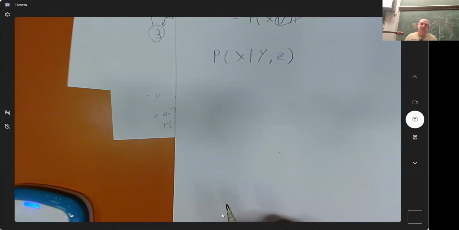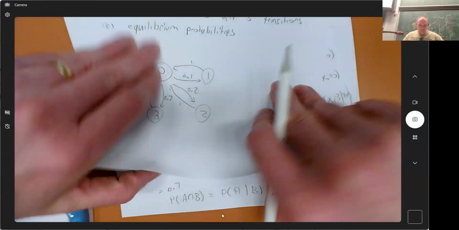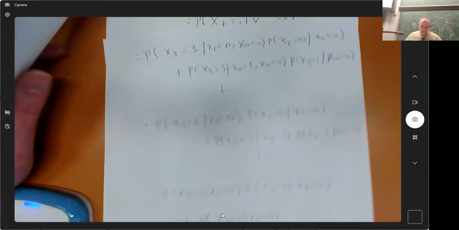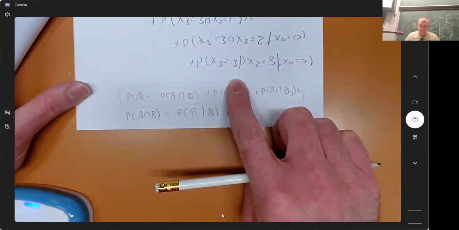So for Markov chains, no, this would be a division, right? It's the other way around. Bear with me. So we did this one here.